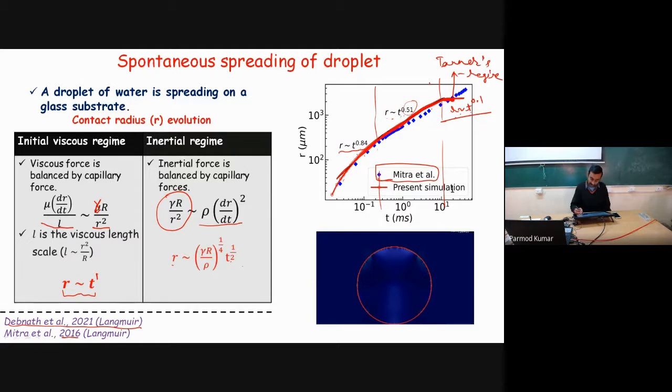Because people were not able to resolve the dynamics at short times experimentally, some commented that the drop reaches Tanner's regime immediately after the inertial regime, and that it initially starts in the inertial range. But recent experiments and our simulations show that initially the spreading starts with the viscous regime, then transforms to the inertial regime, and then to the near equilibrium Tanner's regime. Okay, so this is the typical spreading dynamics of a droplet under adiabatic conditions in the presence of air.